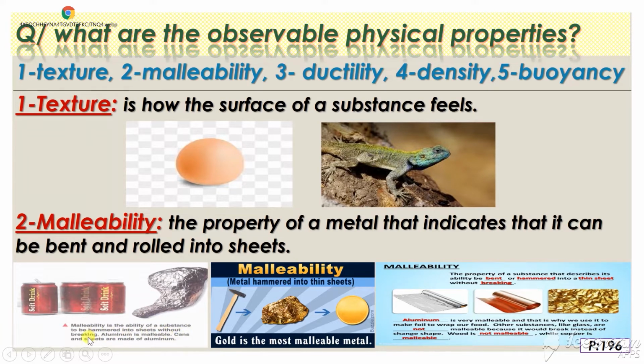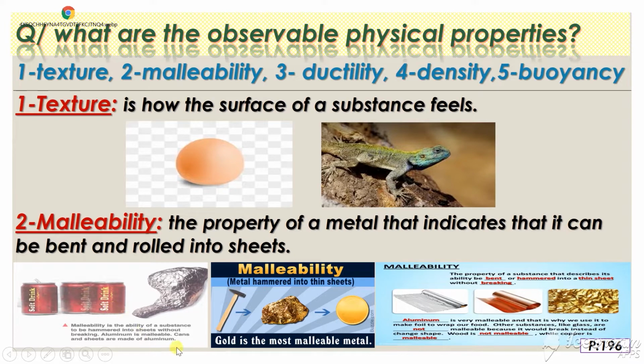Look at the other pictures. Malleability is the ability of a substance to be hammered into sheets without breaking. Aluminium is malleable.